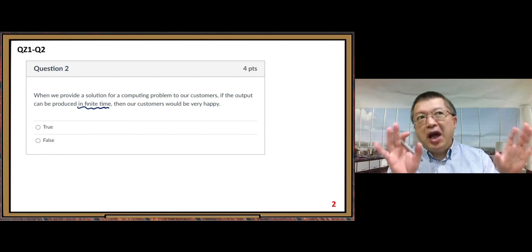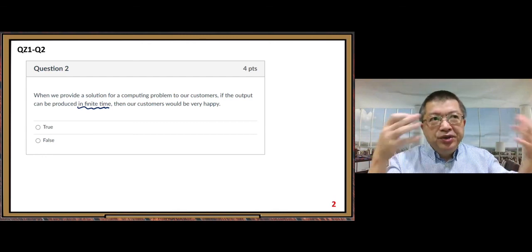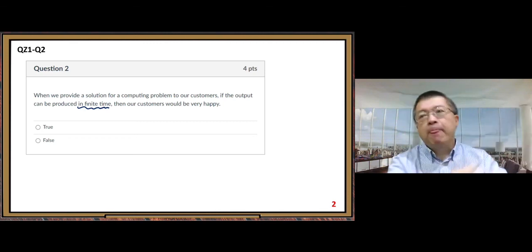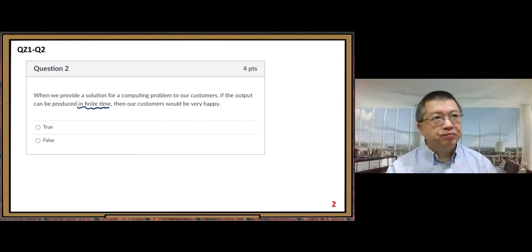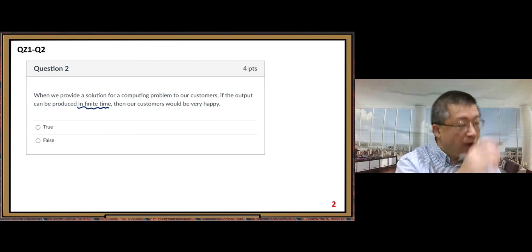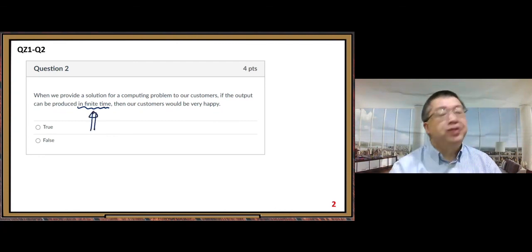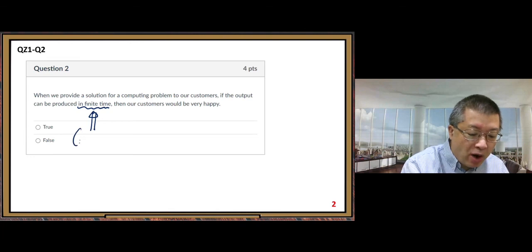For the question like this, you need to go one step deeper. First, we know we have to have this condition, right? The output must be produced in finite time. So this is the minimum requirement.